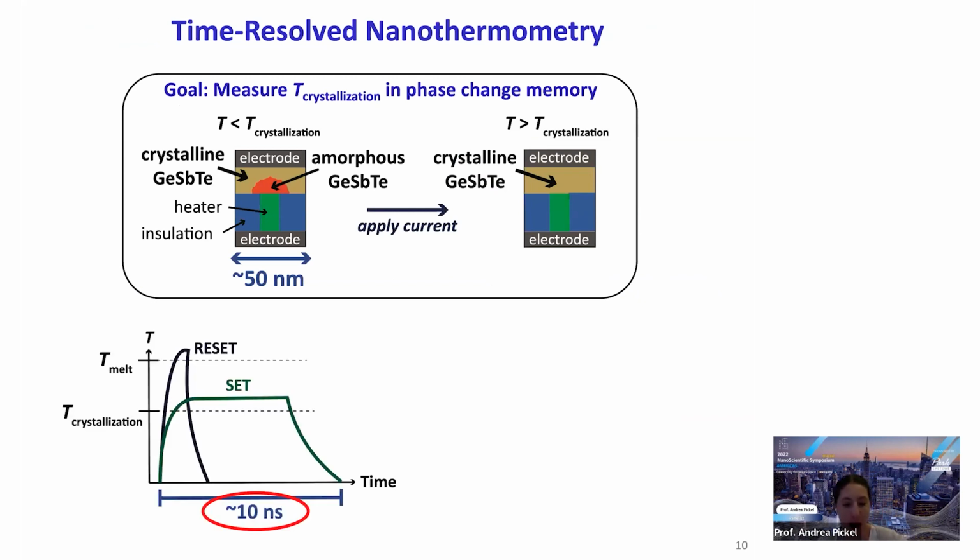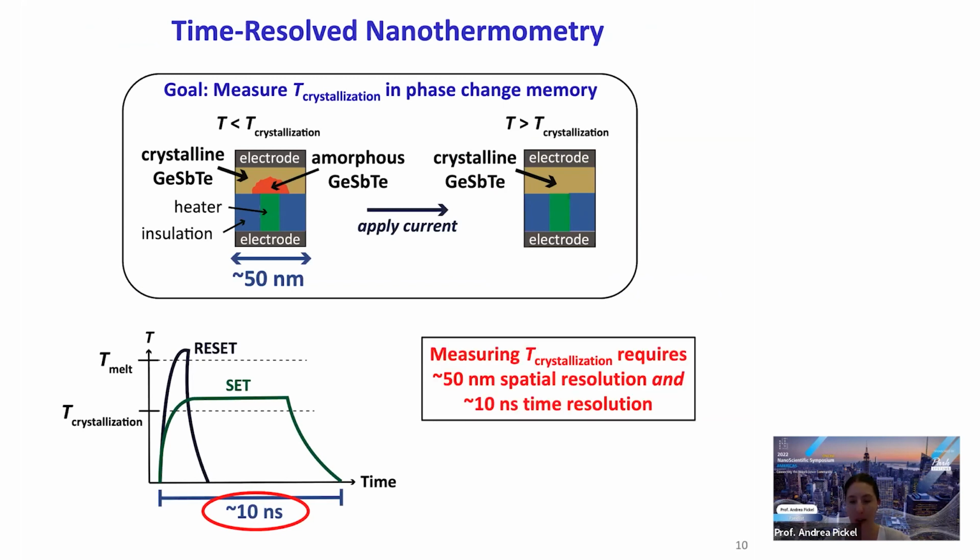If we look at the switching process in a bit more detail, it turns out that the set process, which is where the phase change material is held just above that crystallization temperature, occurs on a fast time scale of about 10 nanoseconds. And so that means that if we want to measure this crystallization temperature, then not only do we need a thermometry method that can give us spatial resolution of about 50 nanometers, but we also need a technique that can give us temporal resolution on the order of 10 nanoseconds or so.